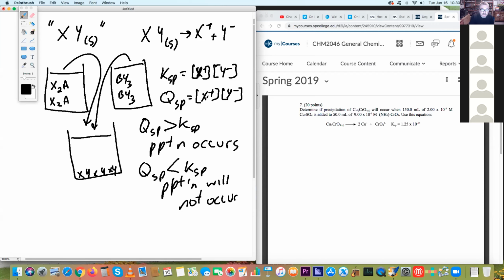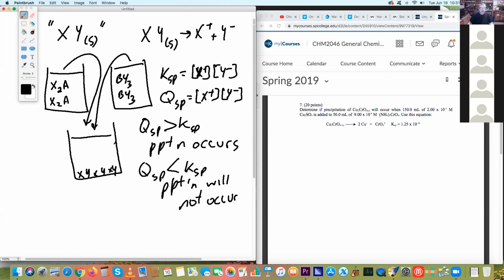It's only if the product of these ions, we're multiplying them together, gives a value that's greater than the KSP given. That's when precipitation occurs. If this is really low and this is really low, you won't see precipitation. If this is high or this is high, you will. But the point is, you need a high enough concentration of these ions to get this solid to form on the bottom of the beaker, and that's what we're trying to determine here.